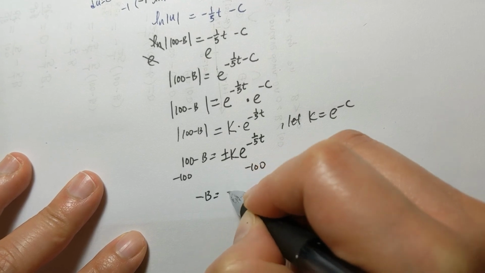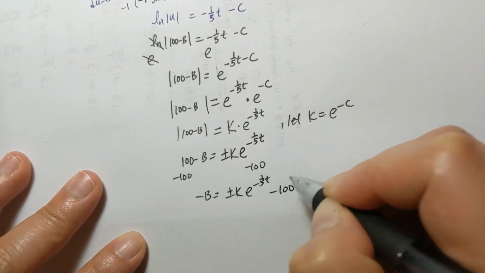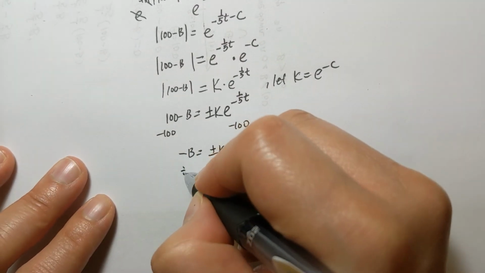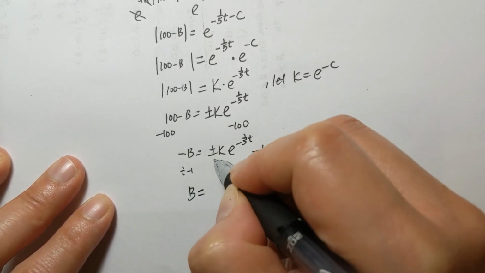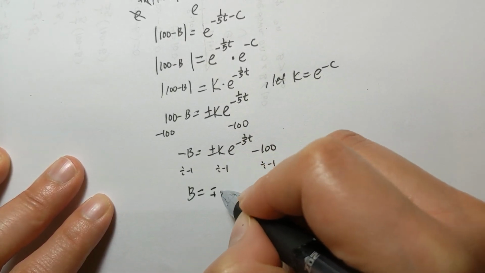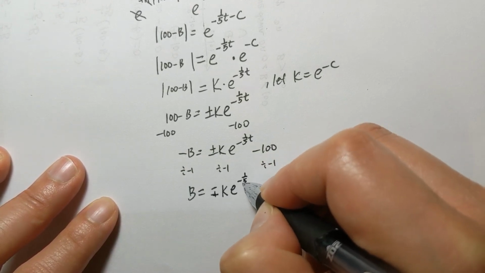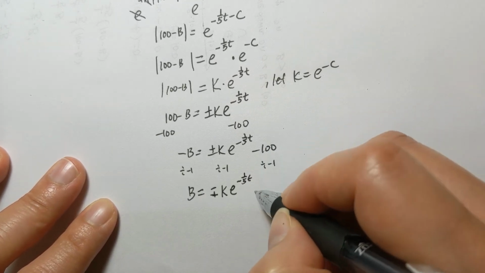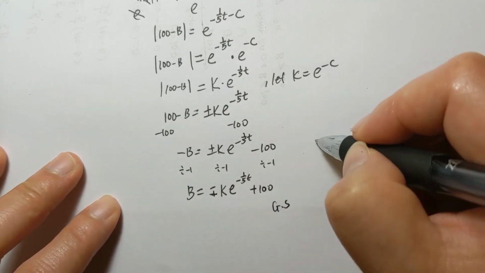Negative B equal to plus or minus k e to the negative 1/5 t minus 100. To get B, divide by negative 1 on both sides. So B equal to minus plus, because the signs switch, and it doesn't matter if you write plus or minus, it's the same thing. And negative divided by negative gives positive. So we get the general solution.